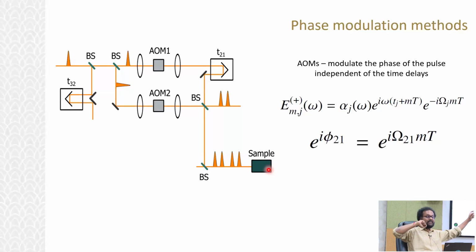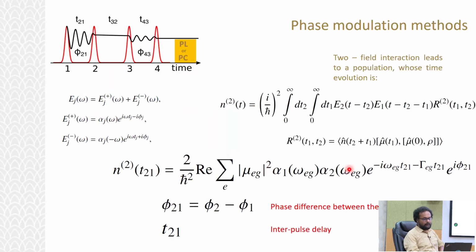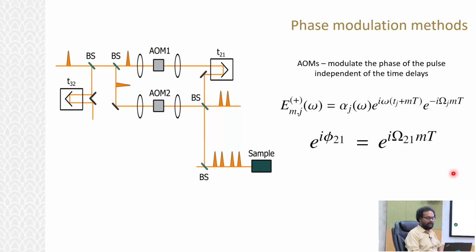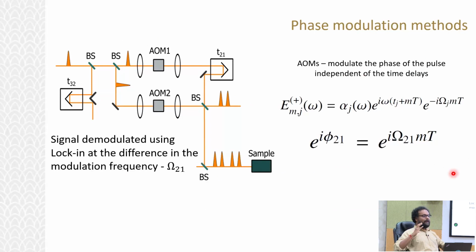Now, because of the phase modulation done by our Mach-Zehnder interferometer, this equation will be time oscillating at the frequency of the difference between the two modulation frequencies of the acousto-optic modulators. Okay. So now I can use a technique called lock-in amplifier.